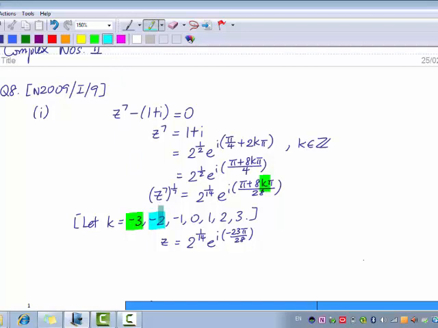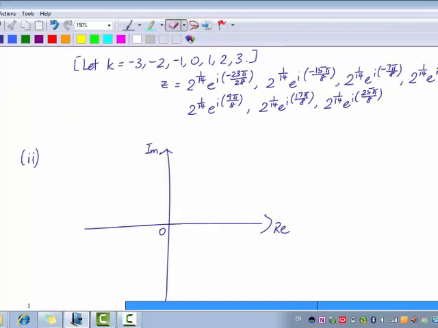Next, we sub in k equal to -2, to obtain the next root. And so on. Now we are required to represent these roots on an Argand diagram. So how do we do that?